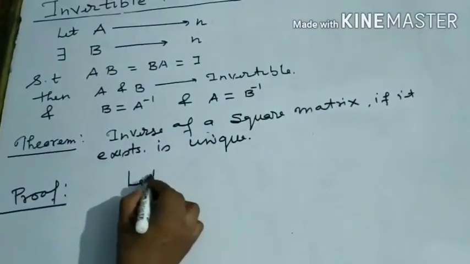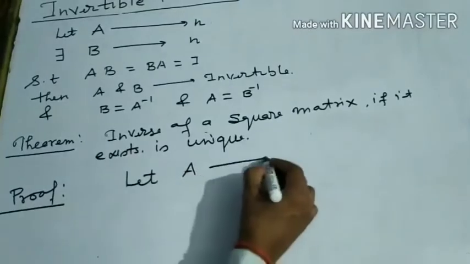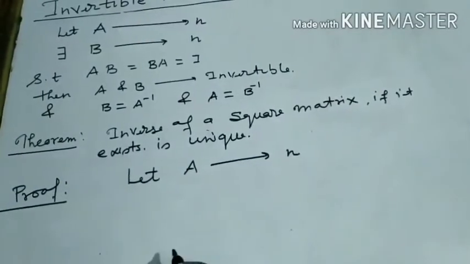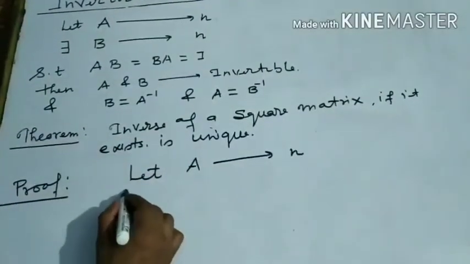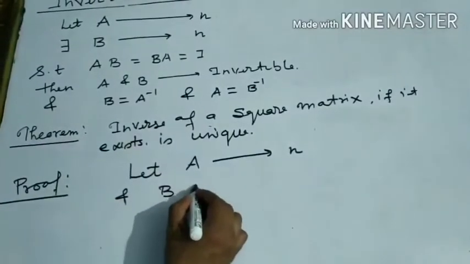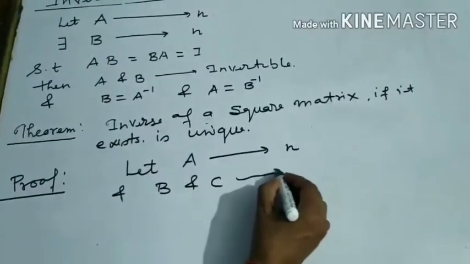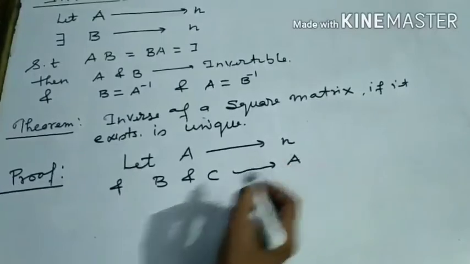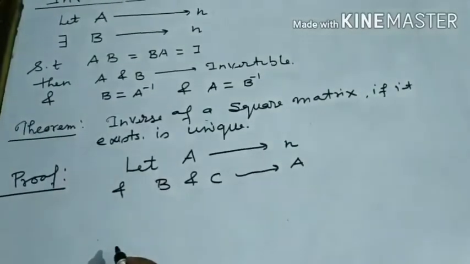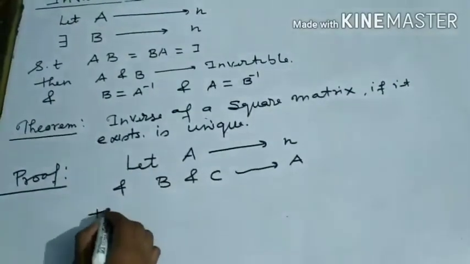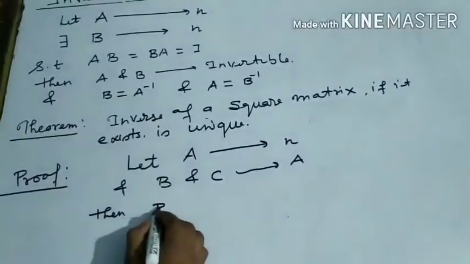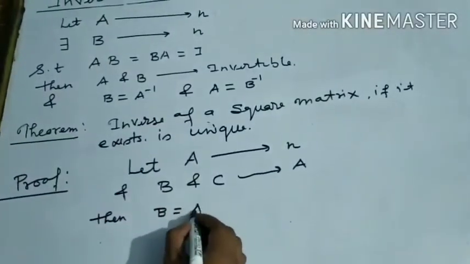Let A be a square matrix of order n, and let B and C be two inverses of matrix A. Then B is equal to A inverse.